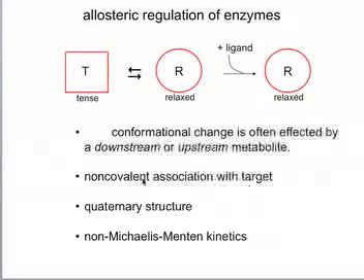So it's a little bit blurry at this point, but the big idea is that we see changes in the structure of the molecule that affect a change in the activity of the molecule. And we've talked about some of this, what allostery does to our rectangular hyperbola dependence of activity on substrate concentration. And I'll show you that again in another slide or two.